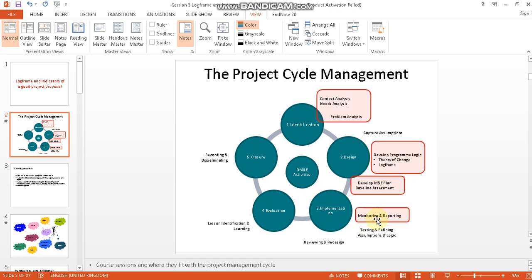Whereas monitoring will help to reflect and correct the activities, reflecting on whether the project activities are in line with set objectives or not, whether those activities are contributing towards achieving indicator targets or not.